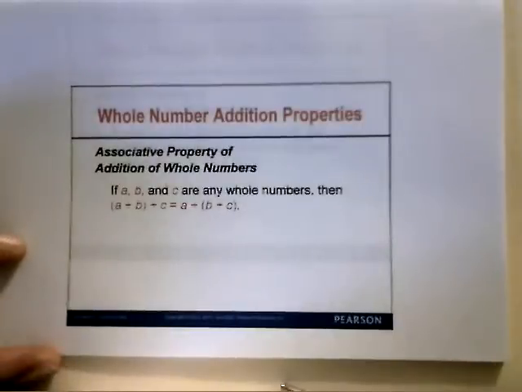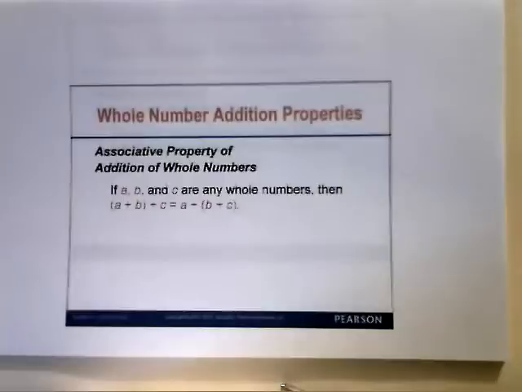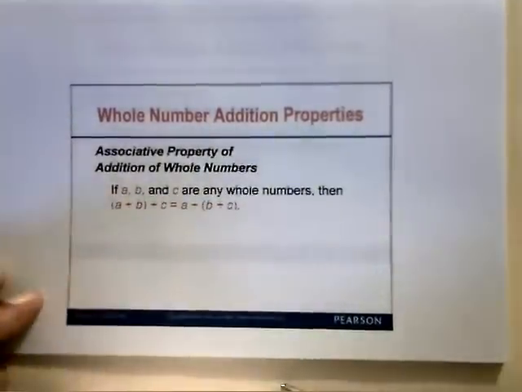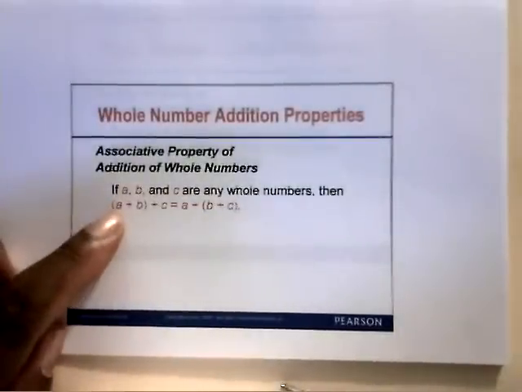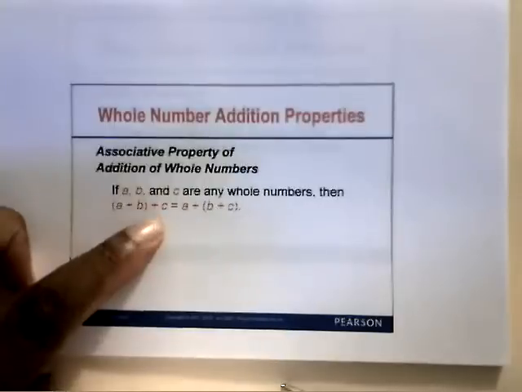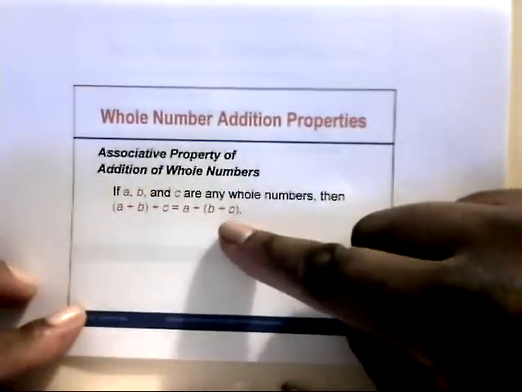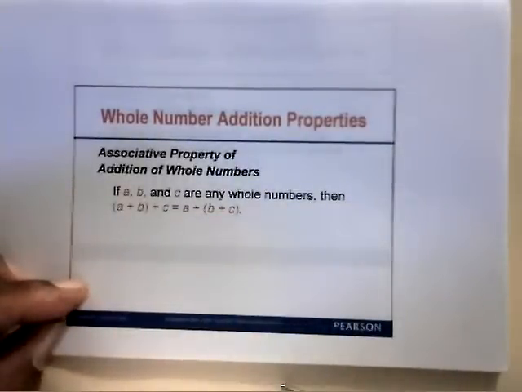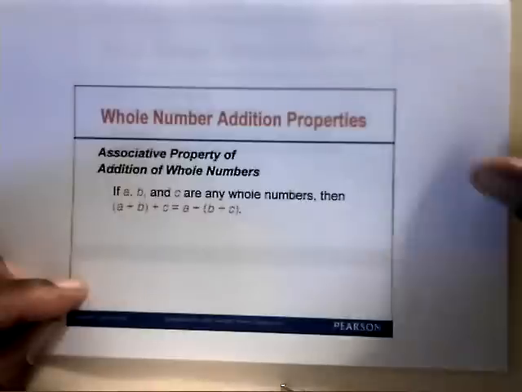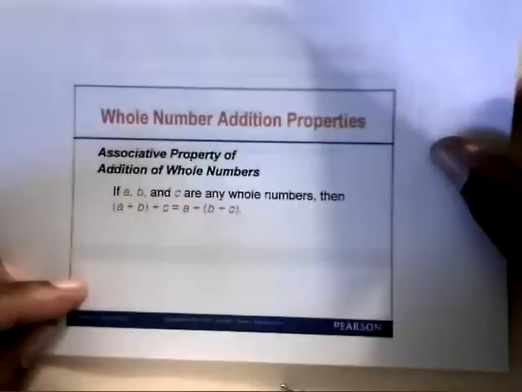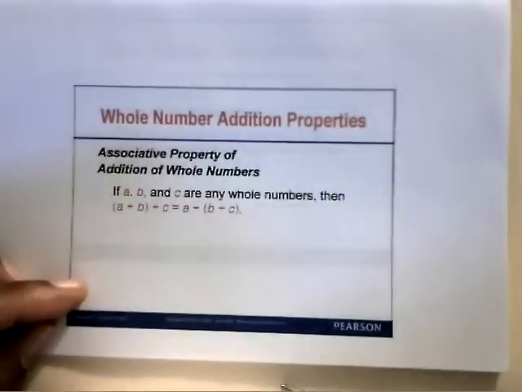Next is the associative property of addition of whole numbers. If you have A, B, and C, they're any whole numbers, then A plus B in parentheses plus C is equal to A plus, in parentheses, B plus C. In other words, I can first add A and B, and then whatever that quantity is, I'll add that to C. That's the same as adding the sum of B and C together to A. So in other words, the grouping of the numbers does not matter when you're dealing with the associative property of addition of whole numbers.